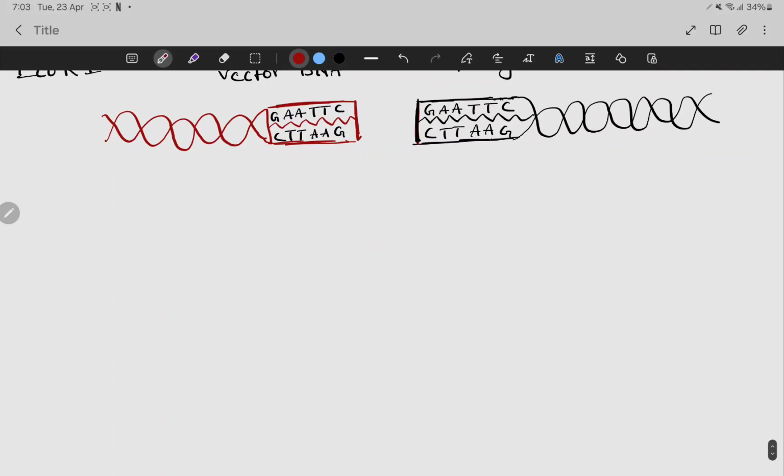So after the same restriction enzyme only we are using here. So exactly it is cutting at this point and this point, this point and this point. What we are using here is EcoR1. So this EcoR1 will give you staggering ends.